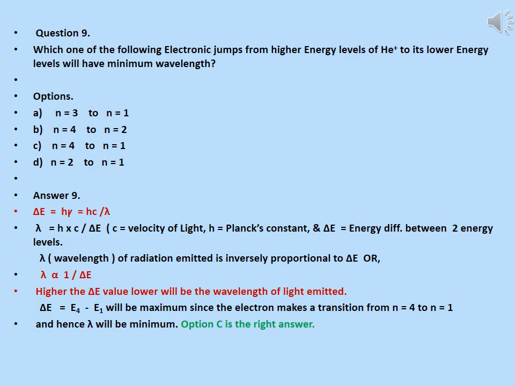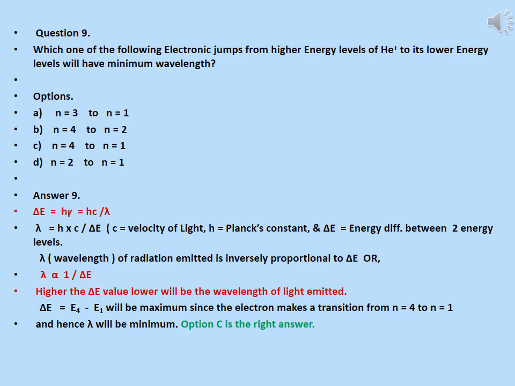B, n = 4 to n = 2. C, n = 4 to n = 1. D, n = 2 to n = 1. In which of these cases, when the electron makes a transition back to the lower energy state, will the wavelength of light emitted be minimum?